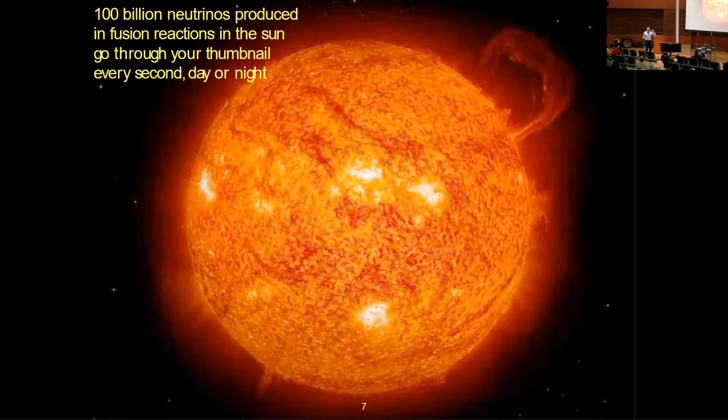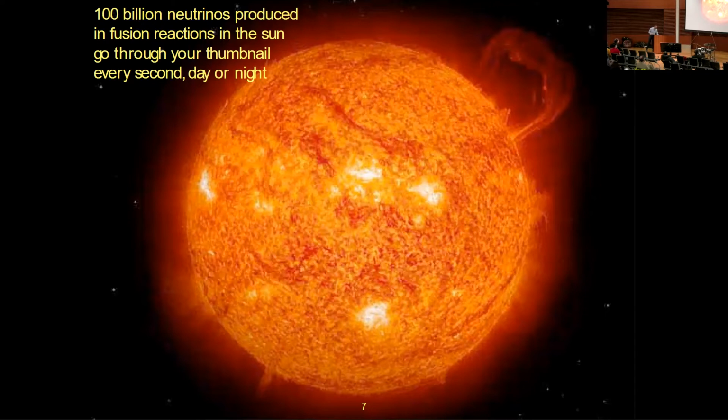The sun's on the other side of the Earth. Well, remember, neutrinos just don't care about matter. They will happily go through a light year of lead. So the little bit of rock that the Earth is really doesn't matter to them. And so the sun is producing all these neutrinos, so many such that 100 billion of them are going through your thumbnail every second.